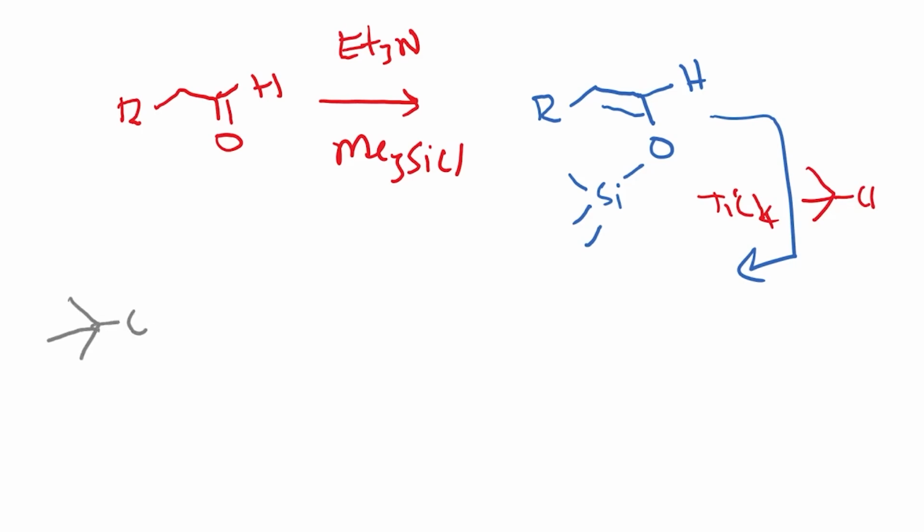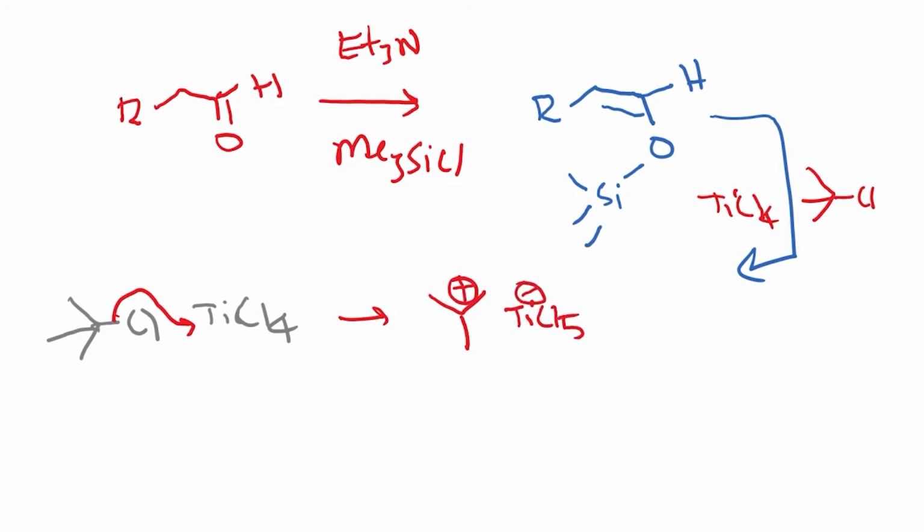Let's say I start with this tertiary butyl chloride, and when we expose this to TiCl4, what we could expect is the attack of this TiCl4, and you produce this kind of a carbocation with the counter ion as TiCl5 minus.